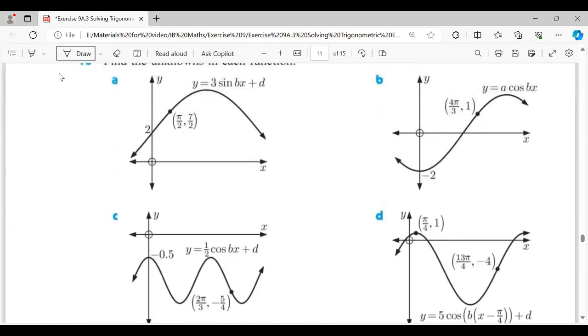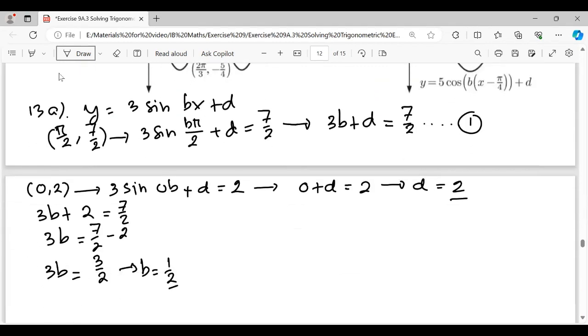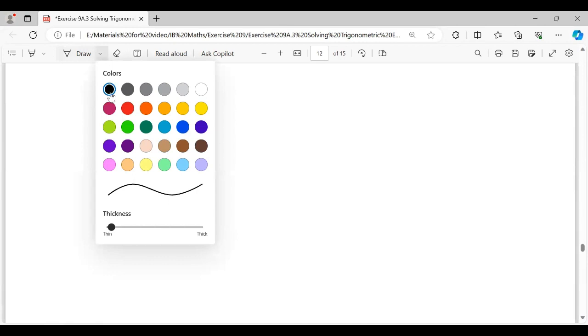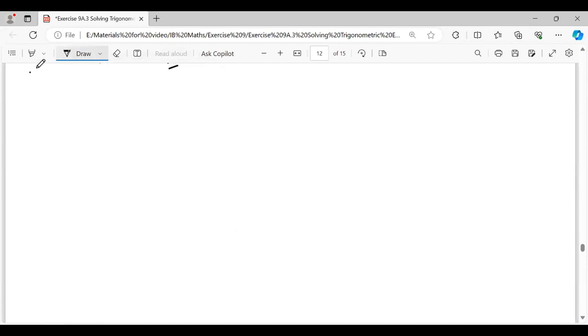Question b, y equals a cos bx, for pi third, 1. A cosine bx equals y.